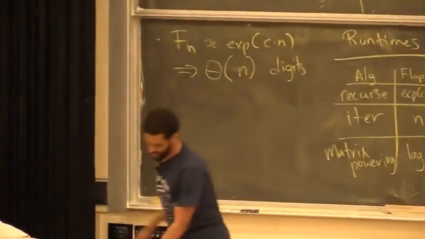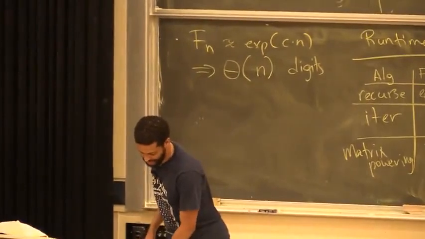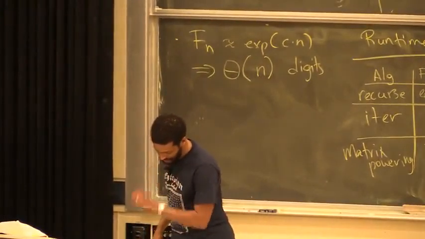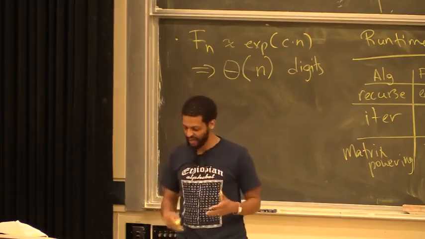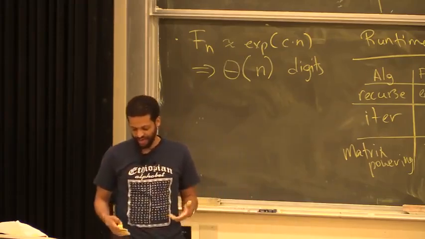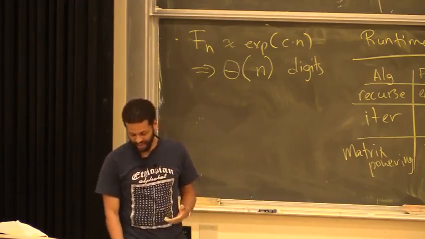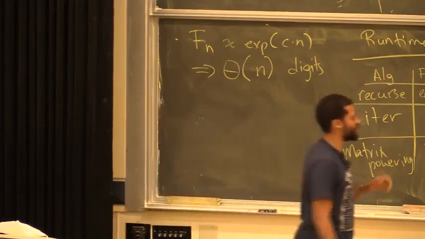So that's all I wanted to say about Fibonacci. Now, before I give you another example of divide and conquer, I've been throwing big O and big omega and theta around without formally defining them. I want to define them, and then I'm going to do a little bit more divide and conquer.